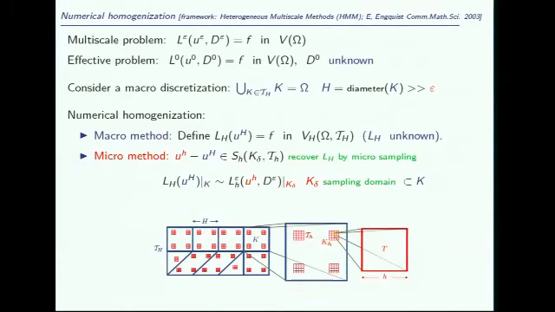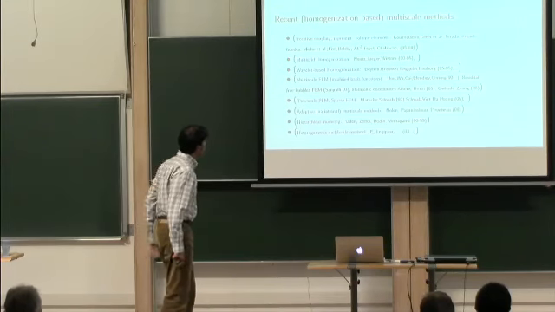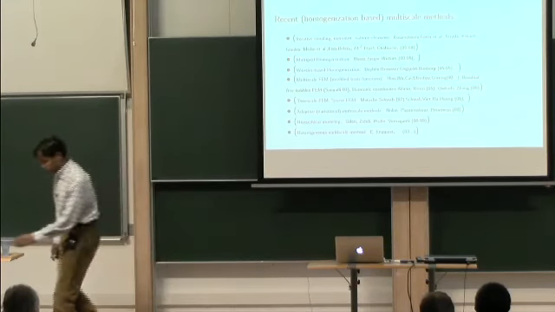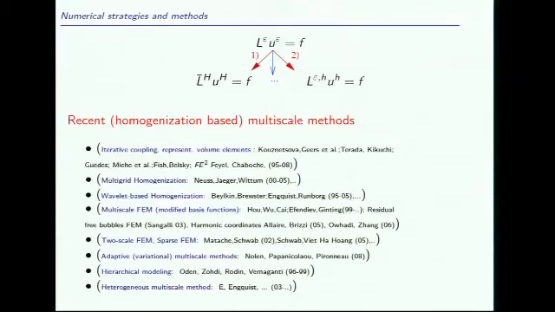Of course, in each sampling domain, as I said before, we have to set a finite element method which lives on a certain domain, which has a certain mesh. The small mesh is h here. Okay. So there have been many, many people working in this area. I list here a few groups and a few classes of methods which deal with numerical homogenization.